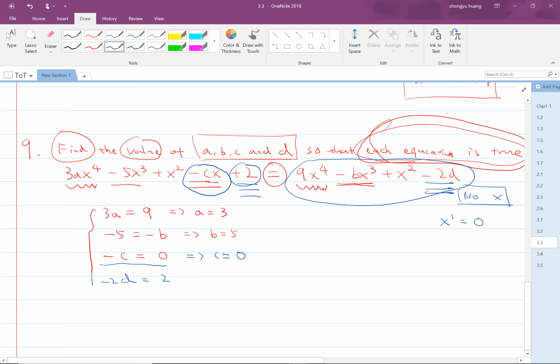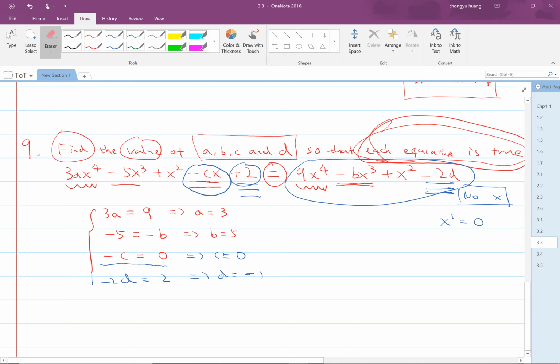On the right hand side we have negative 2d, which has to be a value because there's no variable in it. On the left hand side there's a positive 2, and 2 is a value. So we just make them equal: negative 2d is equal to 2, and then d is just going to be negative 1.